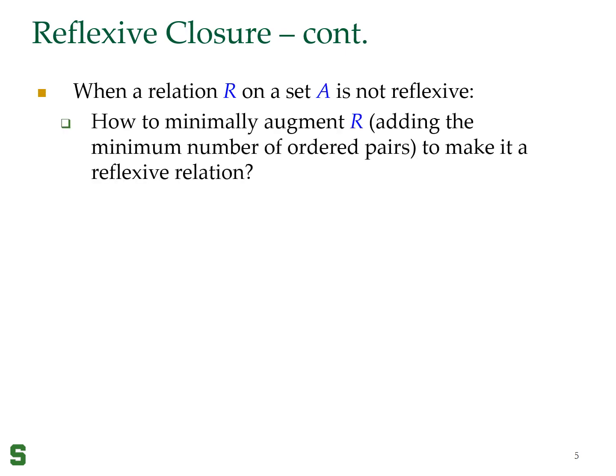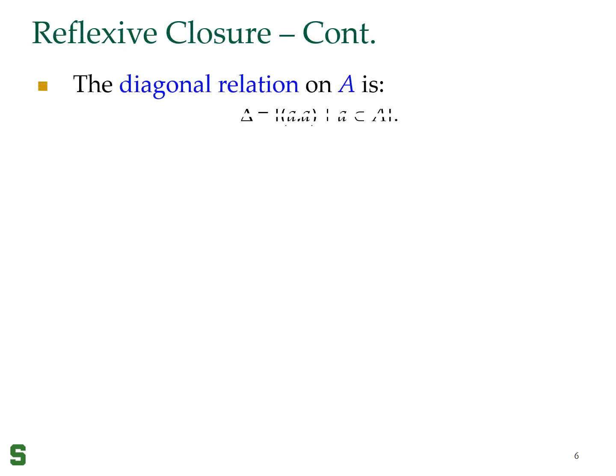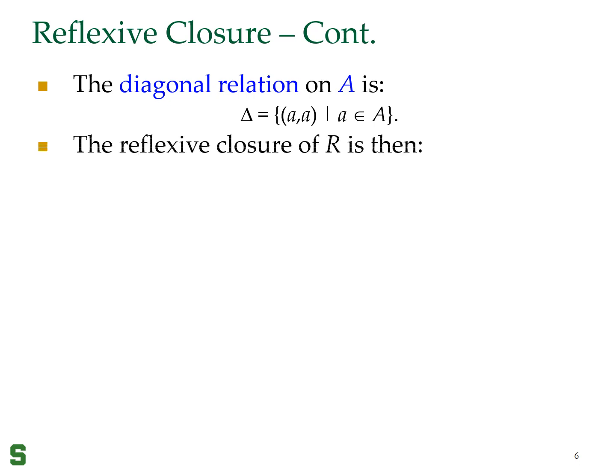So what is the reflexive closure of a relation R? Essentially, if the relation is reflexive, you're already done. If it's not reflexive, add the minimum number of pairs to make it reflexive. Essentially, it would be adding self loops that are not present in the relation already. So we can define the diagonal relation Δ = {(a,a) : a in A}, and the reflexive closure is going to be R union this new diagonal relation.